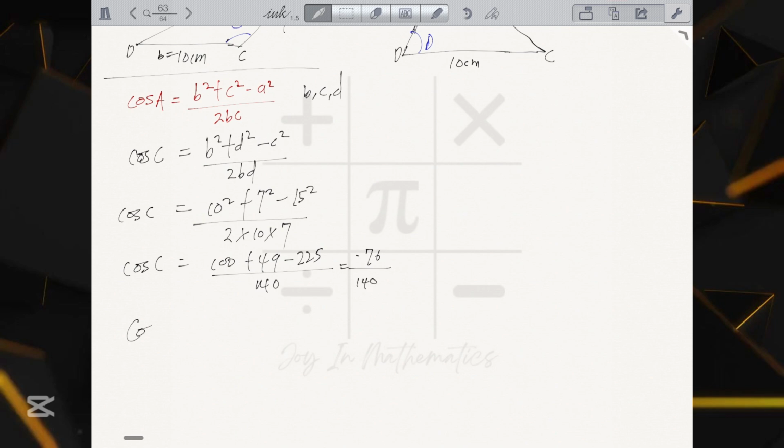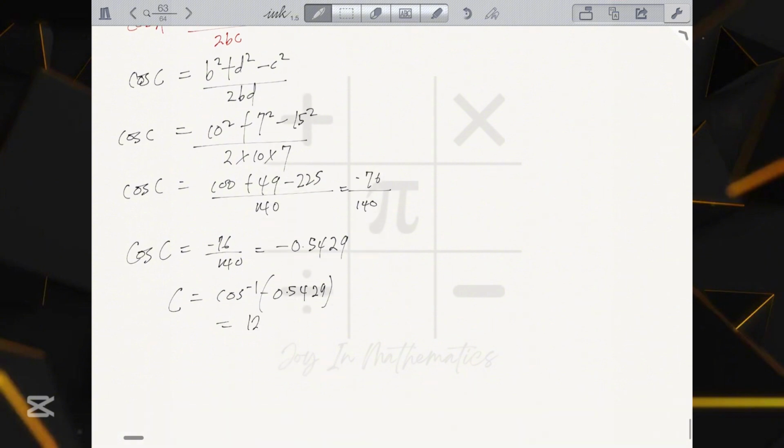So we have that cos C is equal to minus 76 divided by 140, and in decimal form, it gives us minus 0.5429. Now we can evaluate the angle C, because we know that C will simply be a cos of 0.5429, and this will result in, using our calculator, angle 122.88 degrees.